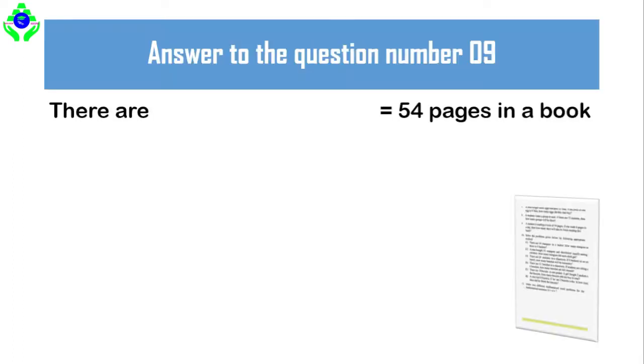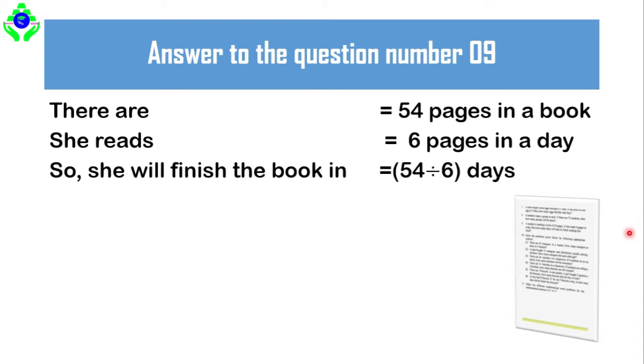At the top of the solution of this math, you should write that there are 54 pages in a book, and you know it is mentioned in your question. And after that you should write, she reads 6 pages in a day, and after that you should write, so she will finish the book in 54 divided by 6 days.